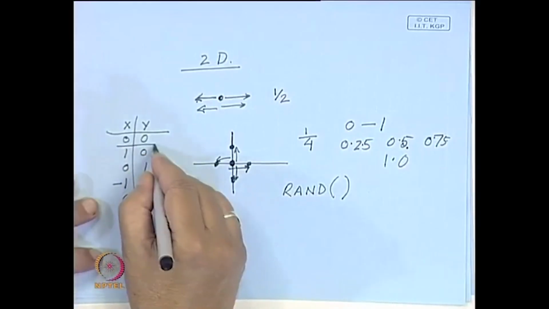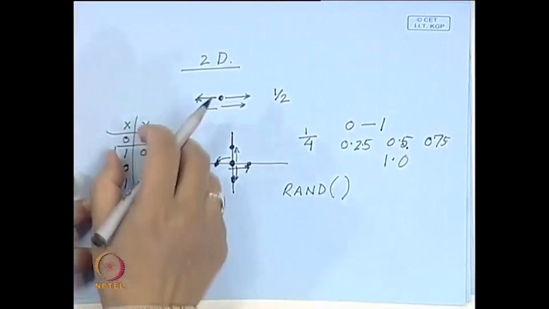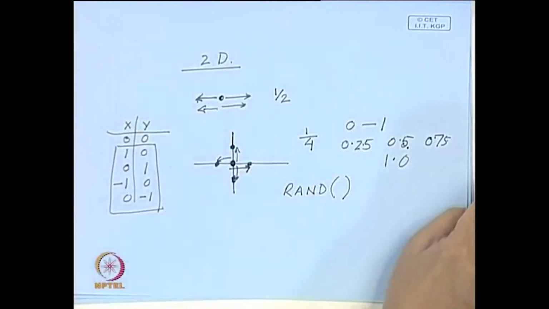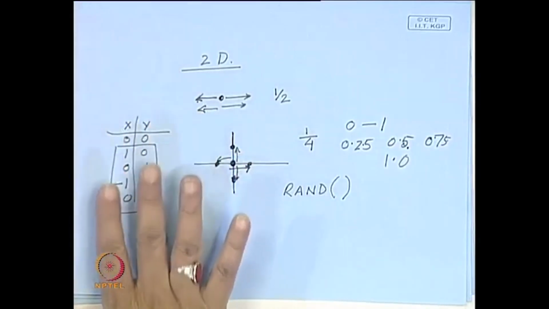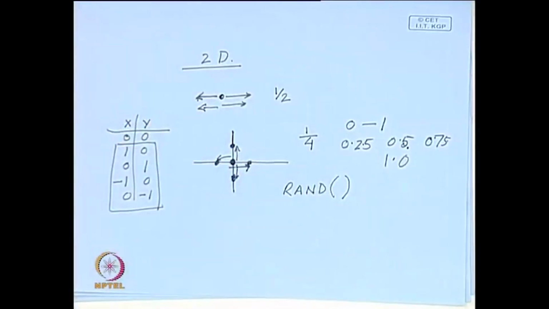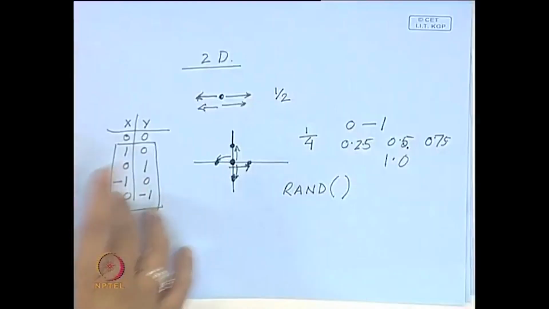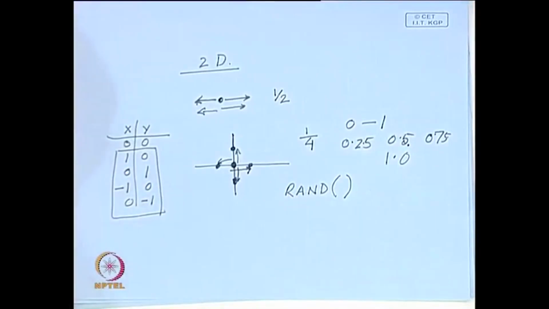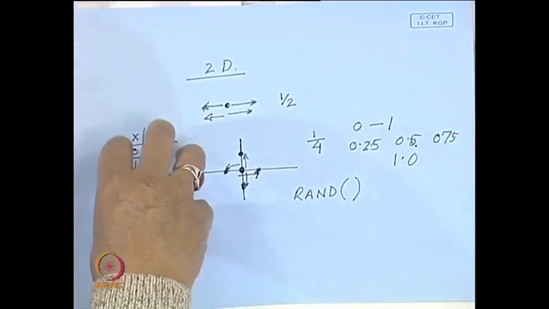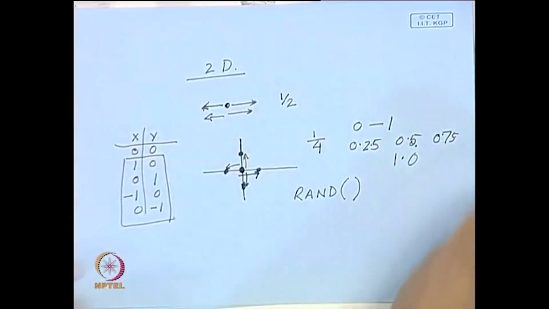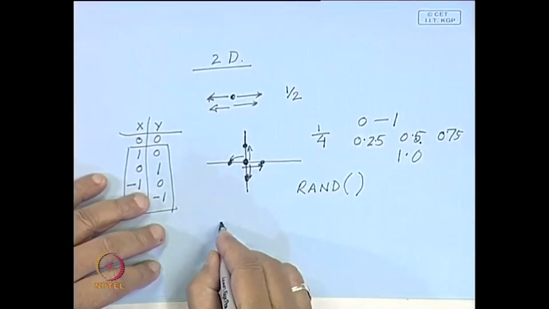So, you have these 4 options, and this can be repeated, and this is how you keep updating these two fields together. I will leave it up to you to tune this spreadsheet and simulate 2D, and if you are satisfied with this, you can extend this to 3D as well.